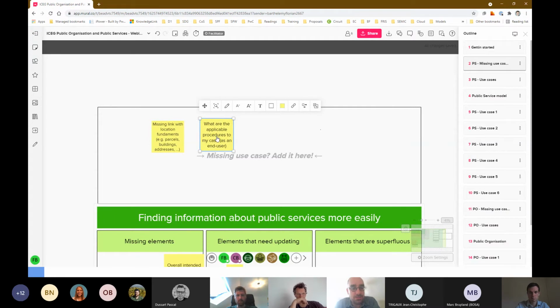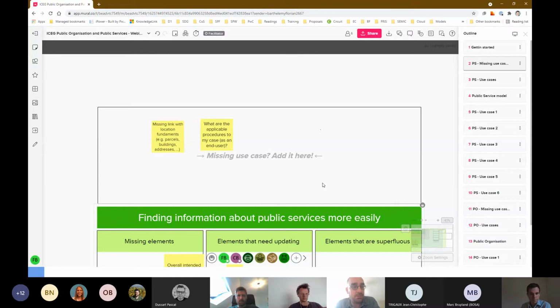So I was asking also a little bit lower in the map: what about spatial information? And also about the relationship between the competent authority and the federal entity. I think we need that kind of information in the model, but I'm not sure where to put it.